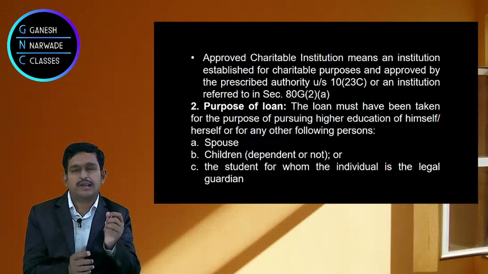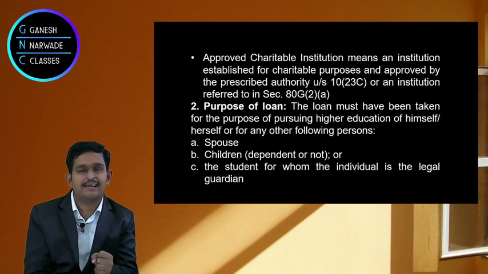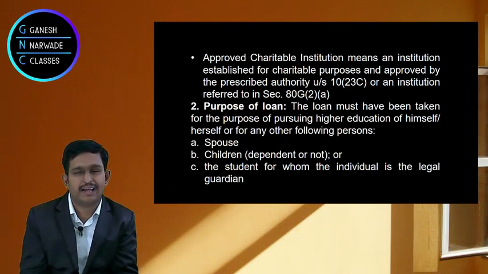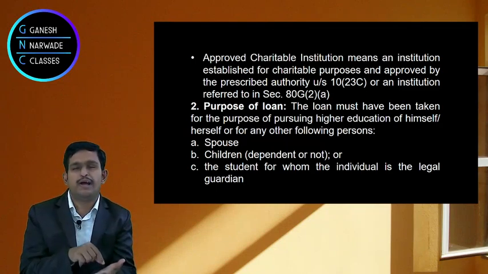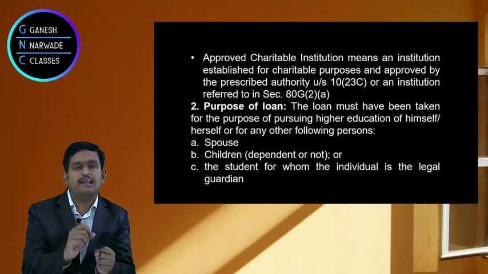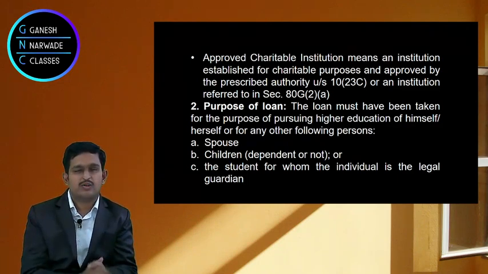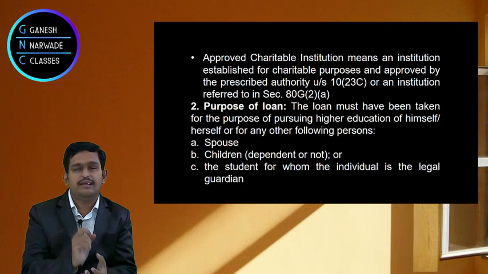So if any charitable institution or trust satisfies the conditions under 10(23C) and gets the registration from income tax, then obviously they will be approved by CBDT. So we call them approved charitable institutions or trusts. So you actually get deduction if you take a loan from such approved charitable institutions.